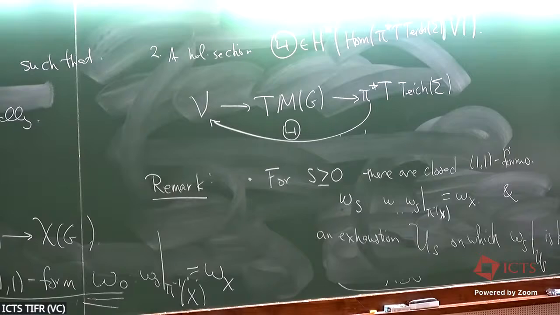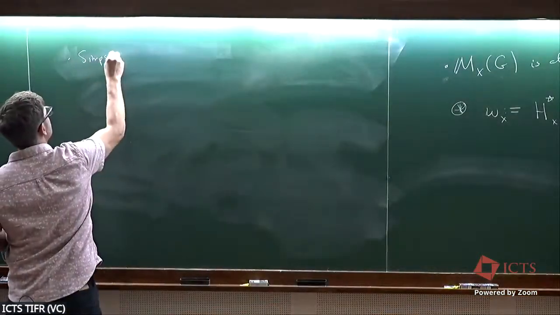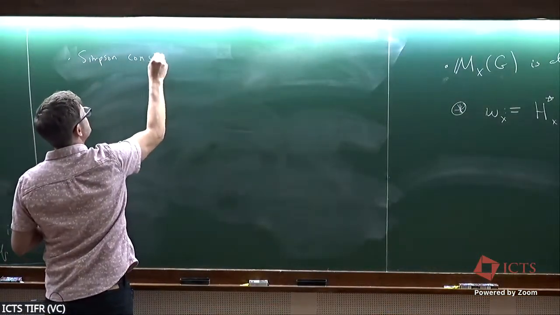And some other remarks. So if you're an algebraic geometer, you might say, I already know of such a space. Well, more or less. Maybe you don't love Teichmüller space, but Simpson constructed a similar space.